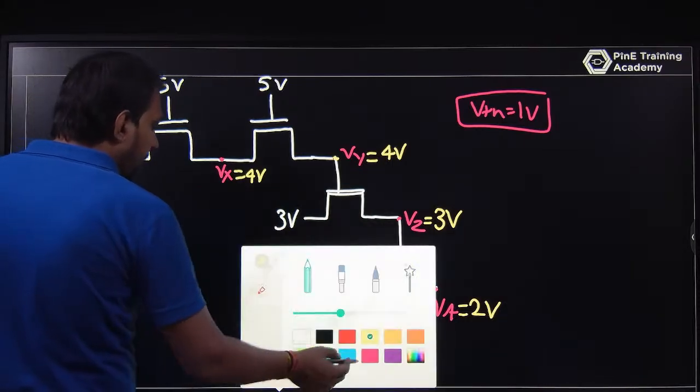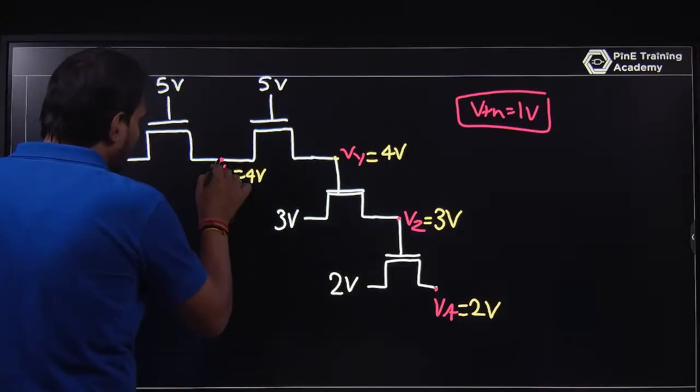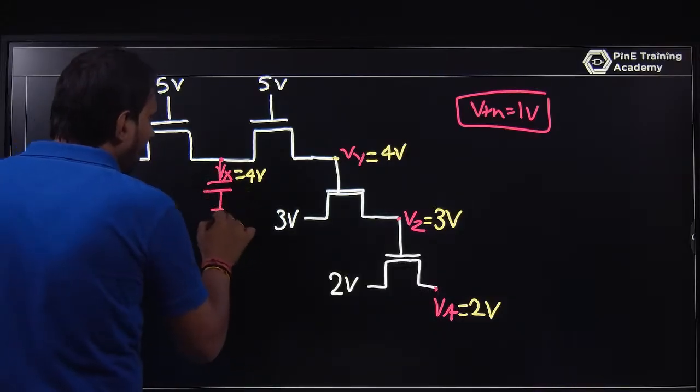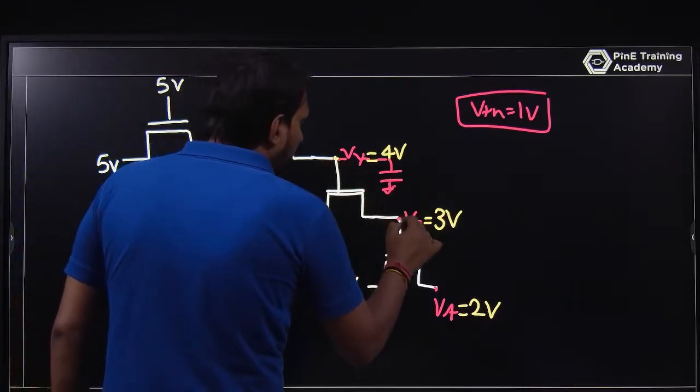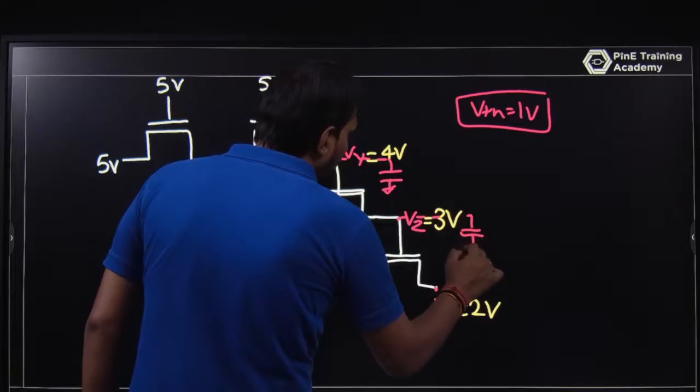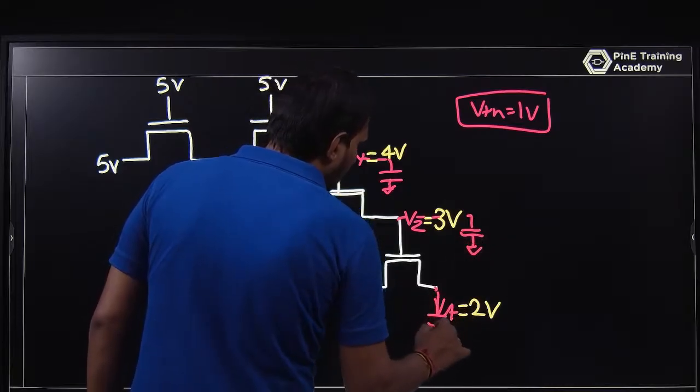Just think in a way, okay, you have a capacitor here, you have a capacitor also here, you have a capacitor also here, and you have a capacitor also here.